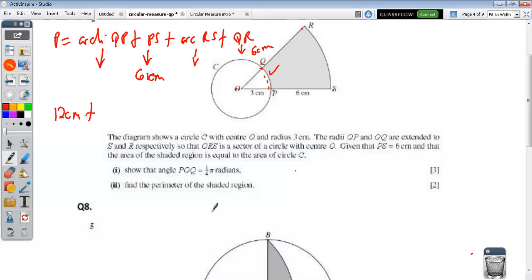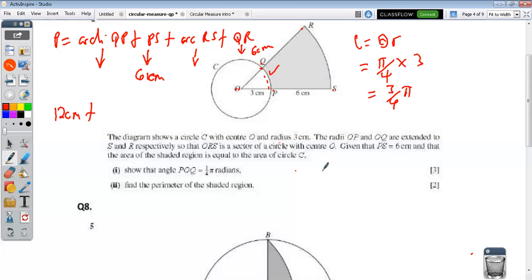So to find the length of the arc QP, we now know the angle. I'm simply saying pi over 4 multiplied by the radius, which is 3. So that gives me 3 over 4 pi for the small arc, the length of the arc QP.